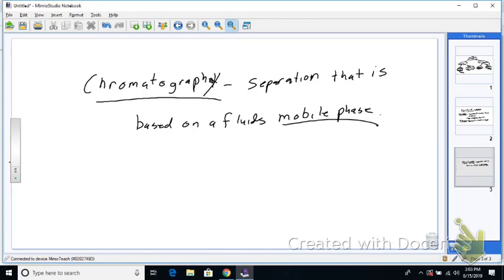What does it mean by a mobile phase? What happens is some fluids move through a material, say a solid material, more quickly than other substances will. All these substances have this thing called a mobile phase, which they will pass through a solid at different rates, just because of their makeup.